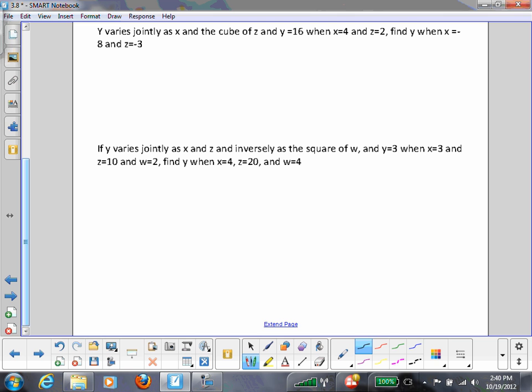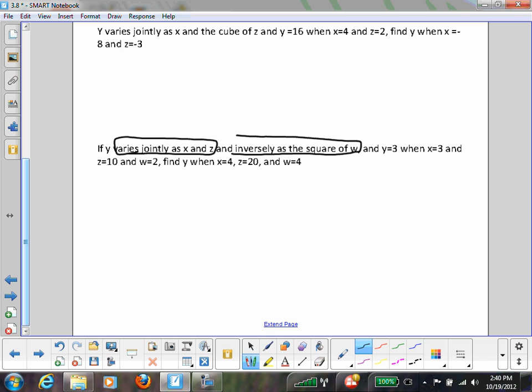All right. Notice I've got a bunch of words going on, so you've got to filter all this through. It varies jointly as x and z, and inversely as the square of w. Jointly tells me what operation? Inversely tells me what?